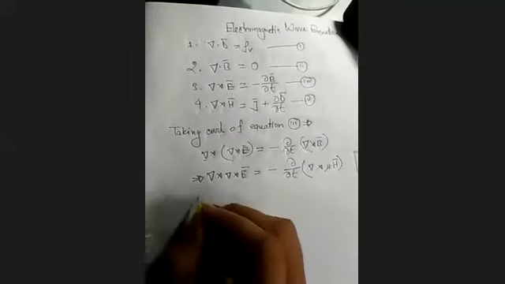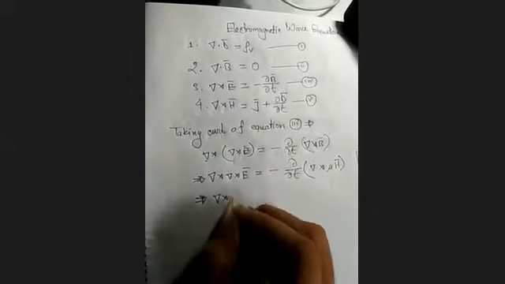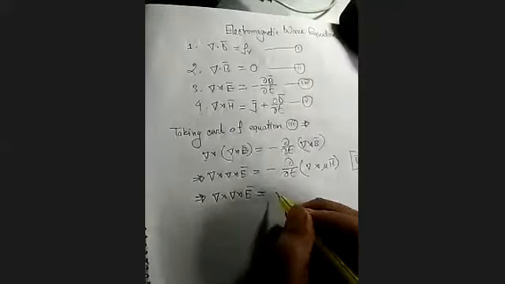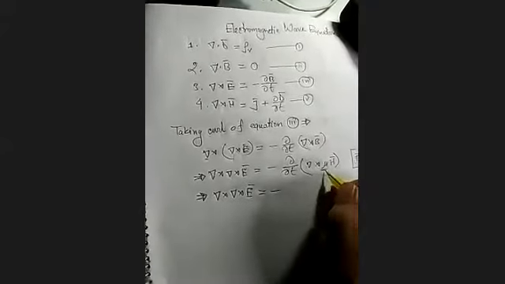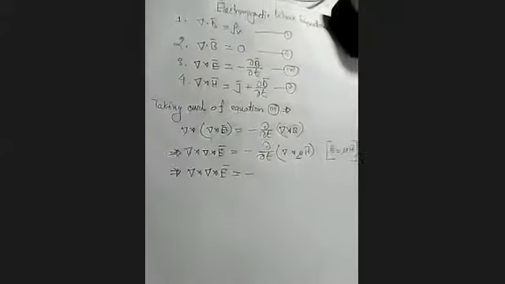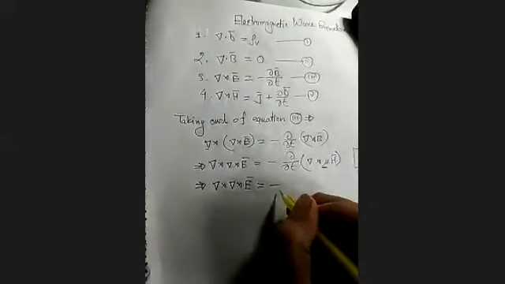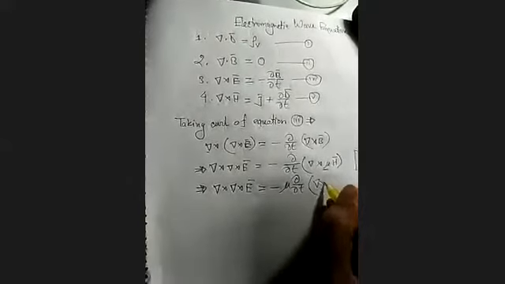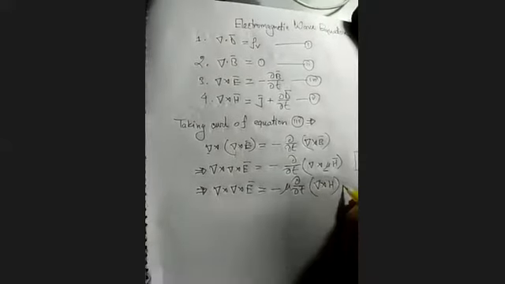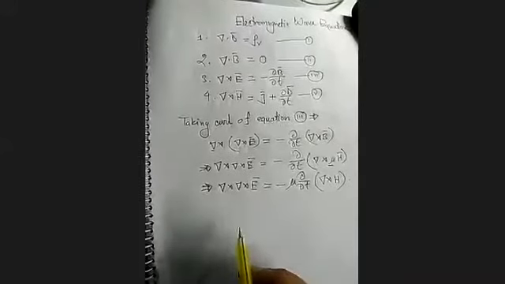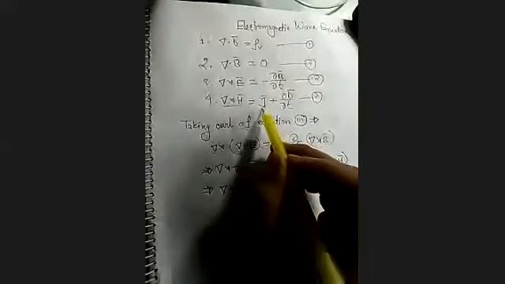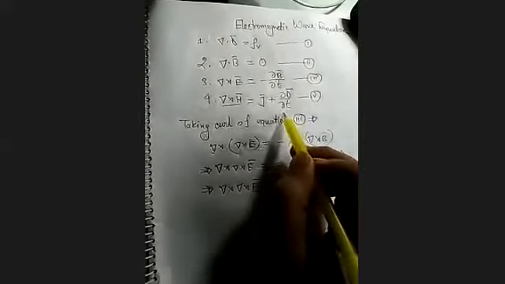Now del cross E on the left side is the same, minus. As mu, the permeability of the medium, is a constant, I can write it before del divided by del t, that means del cross H. Now if we look at equation 4, del cross H is equal to J plus del D by del t.